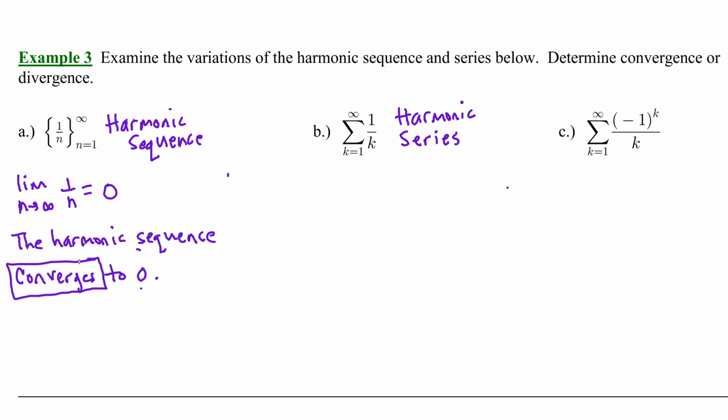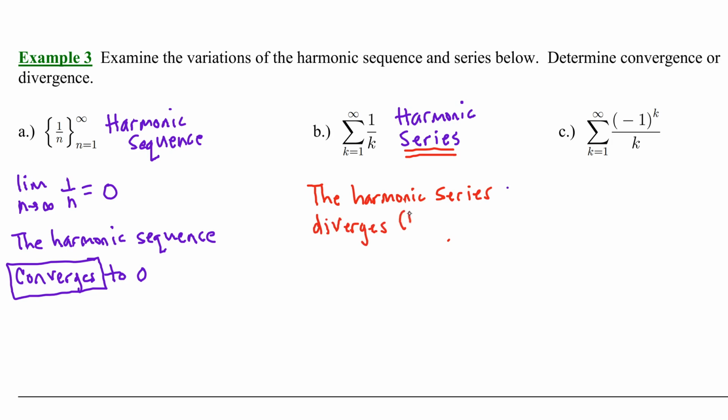That means way down the line in the pattern of that sequence, the terms are getting closer and closer to 0. But as we have learned, the sum of the terms of the harmonic sequence, which would be the harmonic series, actually diverges. The harmonic series diverges.